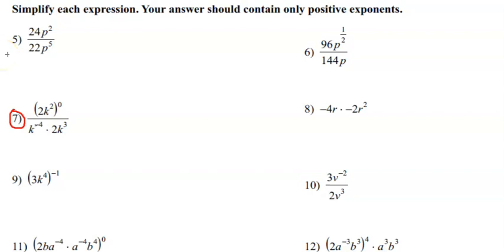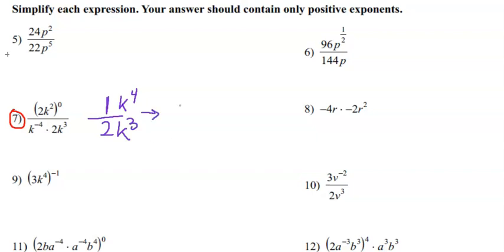So let's look at number 7 on here. We have 2k squared to the 0 power all over k to the negative 4th power times 2k cubed. Well, remember, if you raise something to the 0 power, that's going to just be 1. And then k to the negative 4th, we would move up here. And then 2k cubed, we would just leave down here.